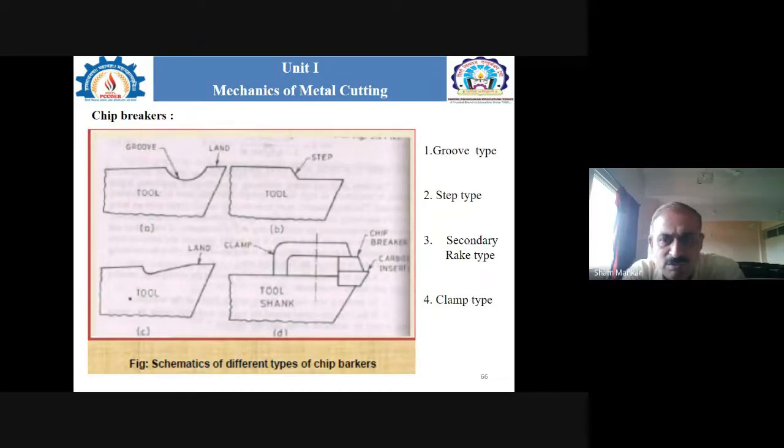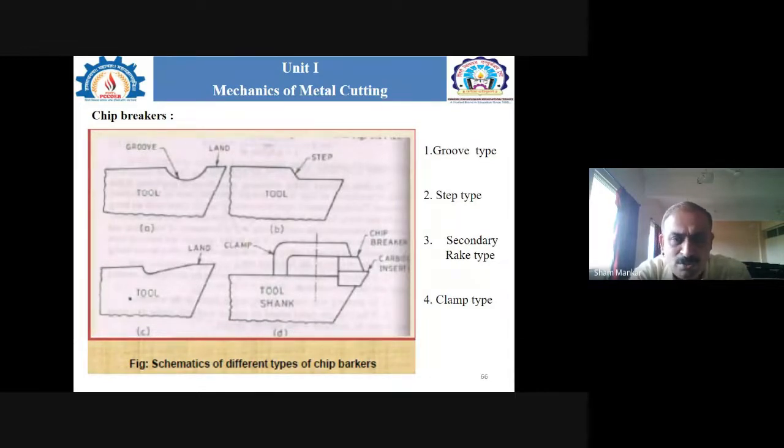As we know, there are different types of chip formation taking place. If the chip that is formed is not converted into a small number of pieces, it may create problems for the tool material as well as for the workpiece material.